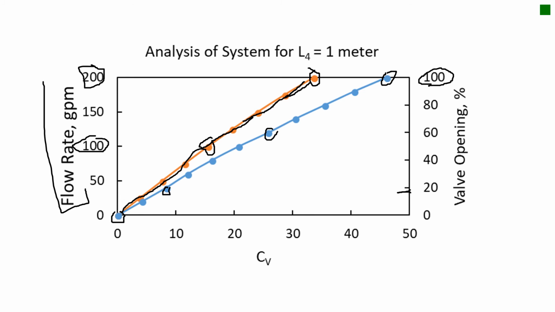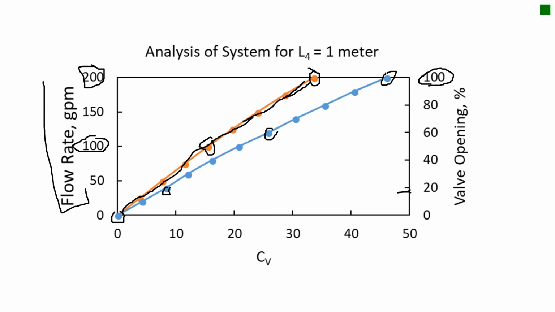We chose a linear valve for starters, and notice that the valve opening is a linear function of the CV that you get for that valve. On my system curve, the orange line, the flow rate is essentially linear with the calculated CV I got from all my equations.